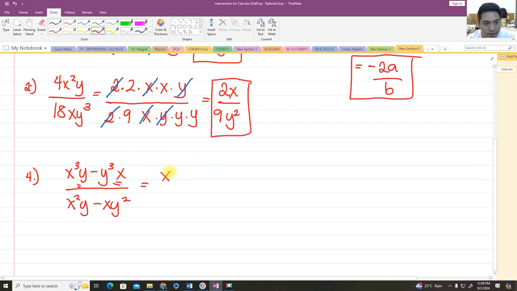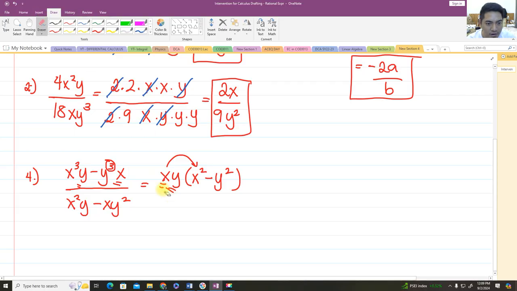If I factor out x and y, I'm left here with x squared, because x times x squared will be x cubed. And I factored out y, so I'm not going to write anything for it. Minus, I have xy squared, I factor out 1y, so what's remaining here should be y squared, and I factor out 1x, so there's nothing to write here.